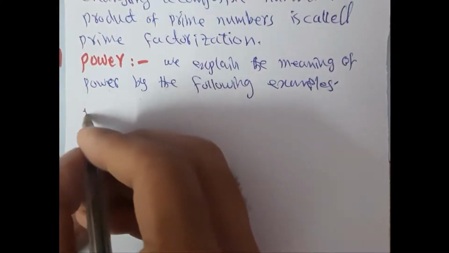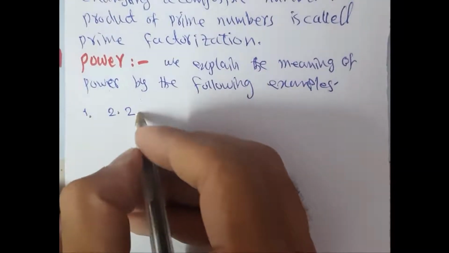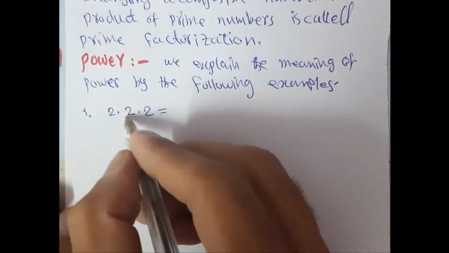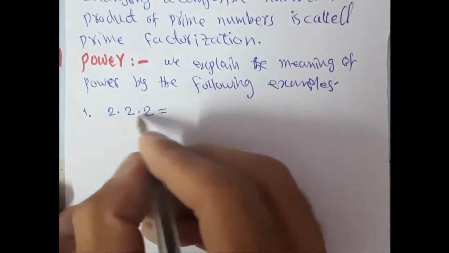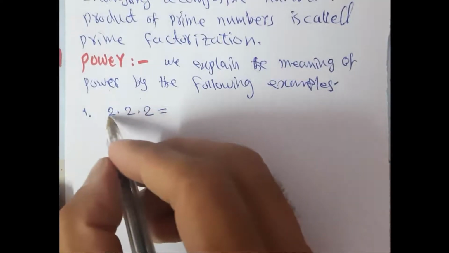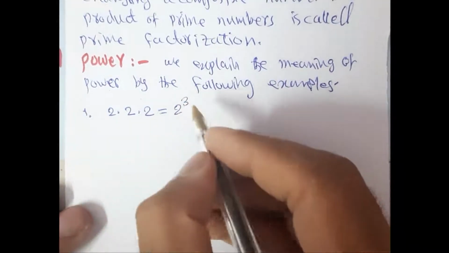Number 1: if we have 2 times 2 times 2, how many times is it multiplied? 3 times. We have 2, so we can write 2 power 3.